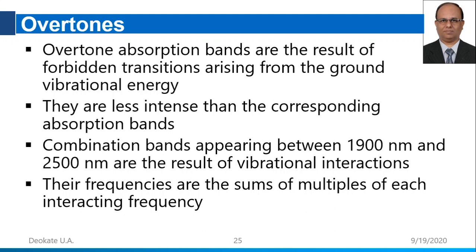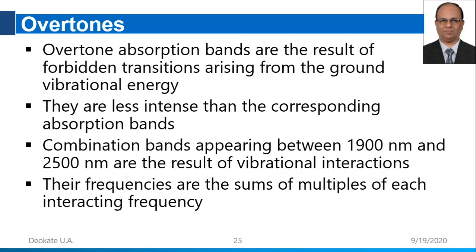So this is known as a fundamental vibration. You can have CO2. In carbon dioxide, we can see that there may be an asymmetric stretch or a symmetric stretch. The symmetrical stretching vibration of carbon dioxide in the Raman spectrum shows a band at 1337 centimeter inverse.